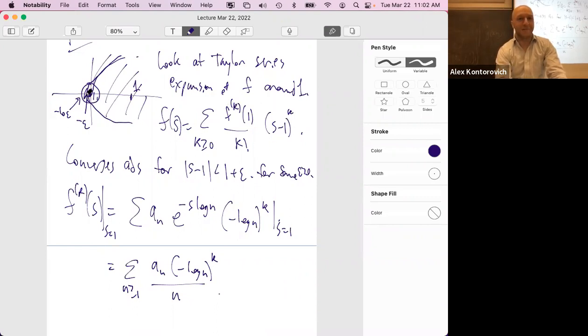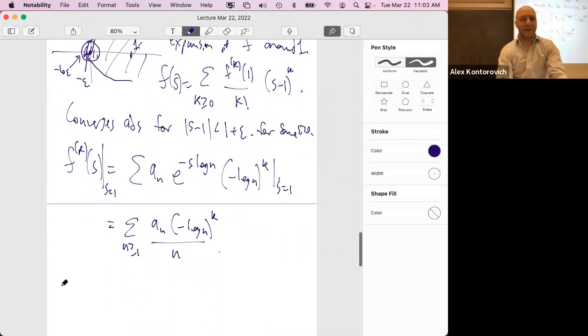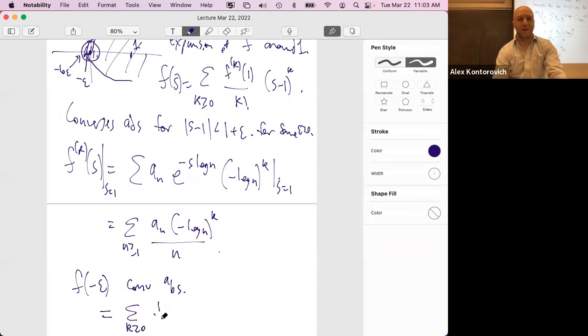So I want to evaluate this at minus epsilon. F of minus epsilon converges absolutely. But what is it? It's a sum over k, 1 over k factorial. s is minus epsilon, so this is (minus epsilon minus 1) to the kth power, so that's (1 plus epsilon) to the kth power times minus 1 to the kth power.